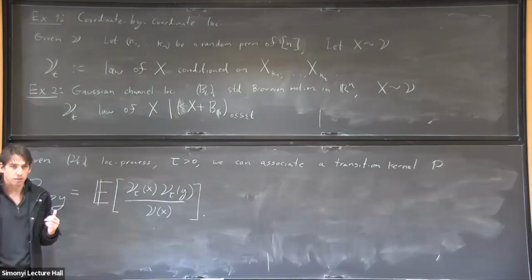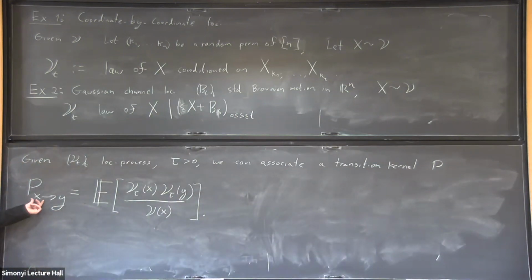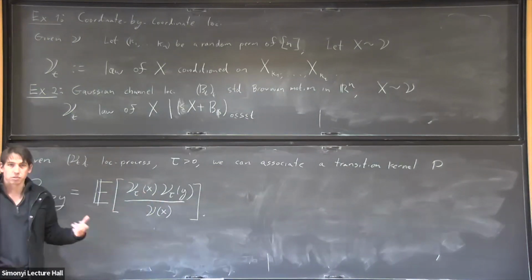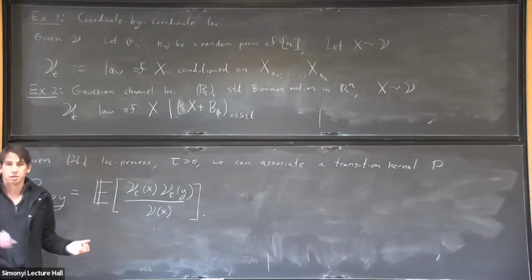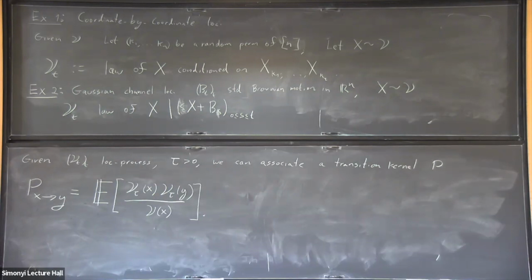Let's see why. What do you mean by transition kernel? For every X and Y, for every two points in my space, I give you a number, so I get a matrix. It's an operator from functions on my space to functions on my space. Yes, the Markov chain described as a matrix, the probability transition matrix.